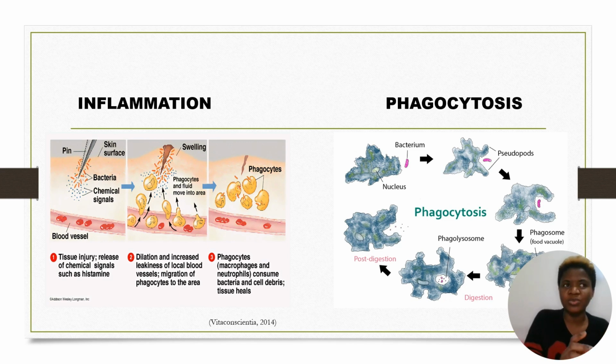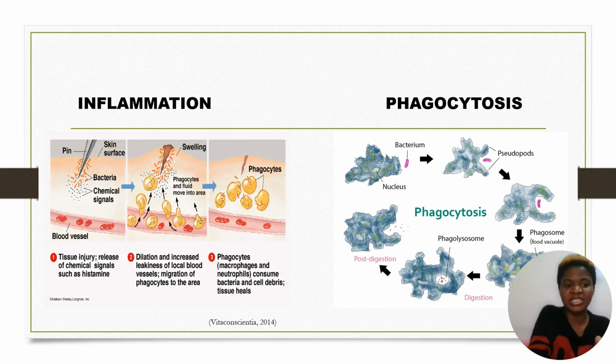Sometimes when we have an inflammation, it's not really a bad thing. It's also a way for us to know that our body is working and that our body is able to fight some infections. So for example, in this picture you can see a needle or a pin or a sharp object pierce the skin. What does it do?